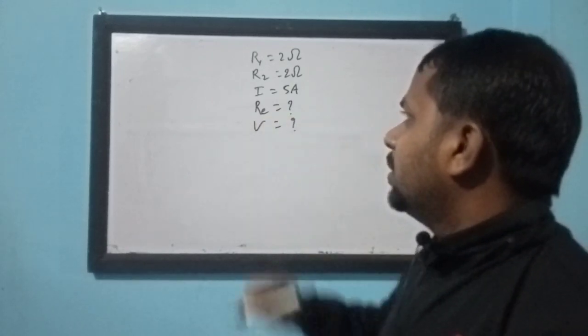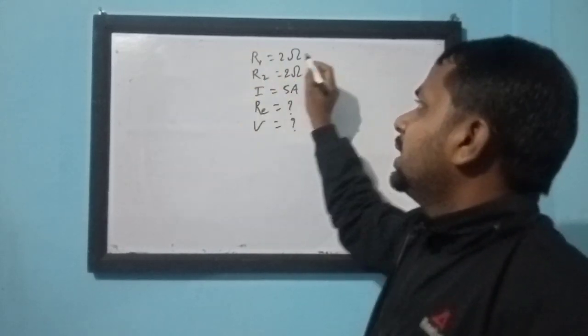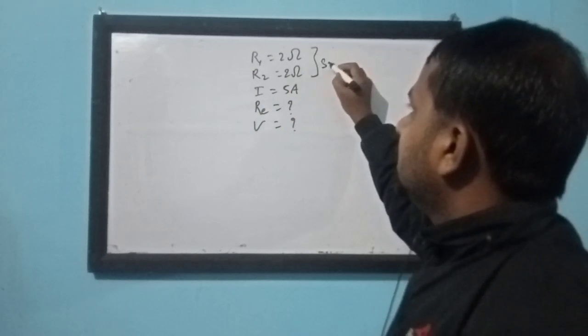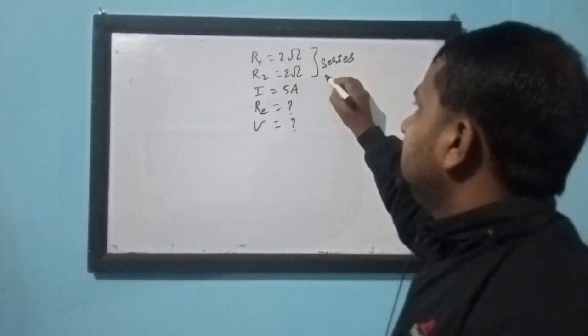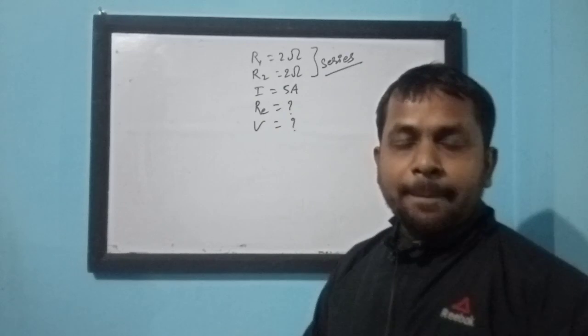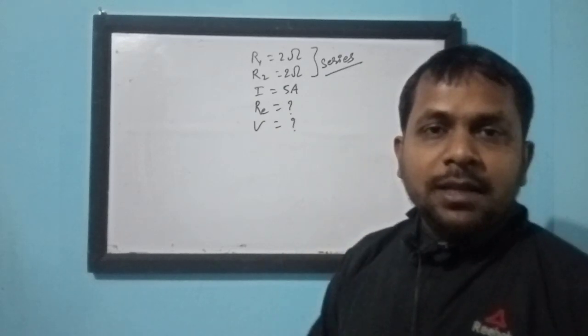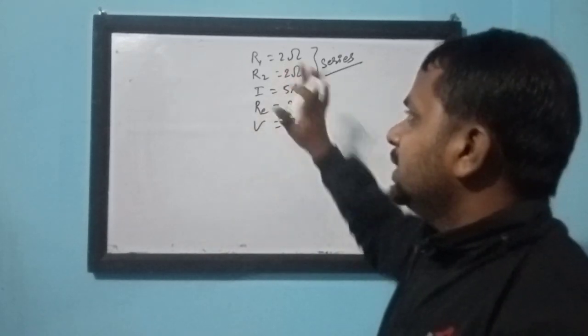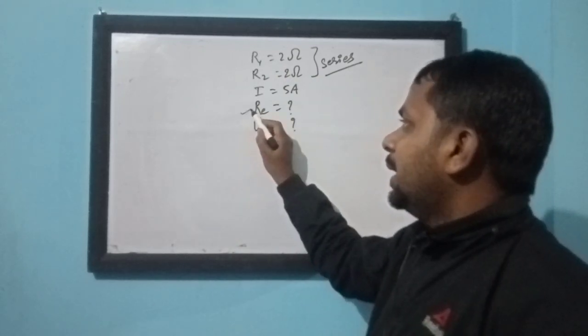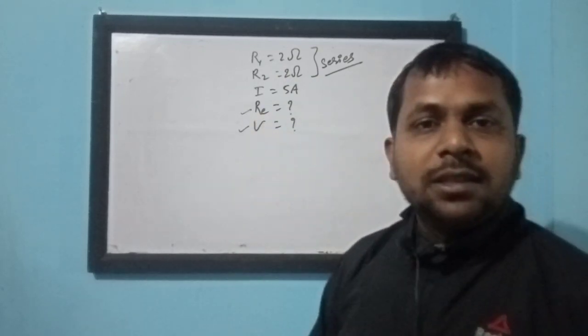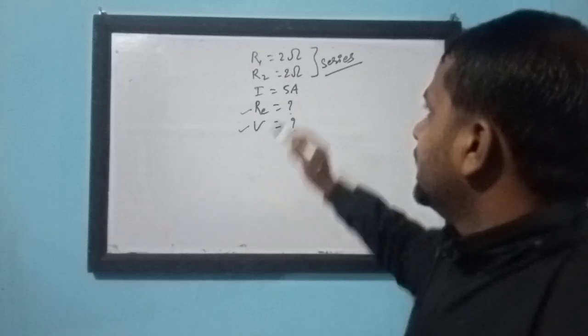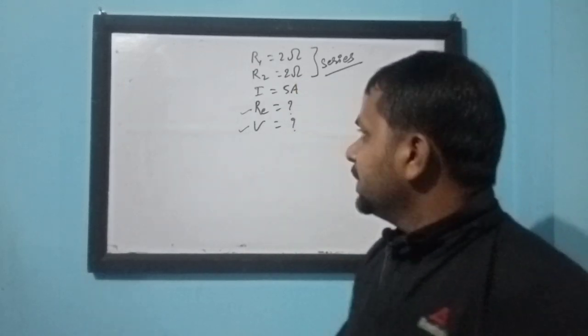It is given that the resistors are combined in a series combination. With this data, we have to find the equivalent resistance and the potential difference. Let us see how it is done.